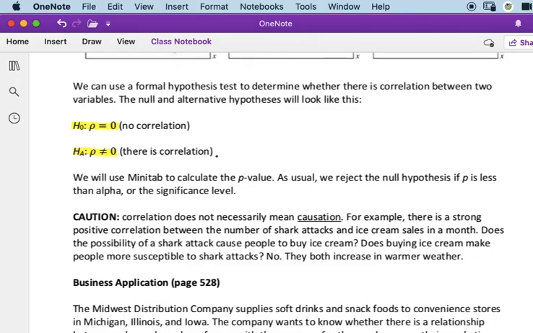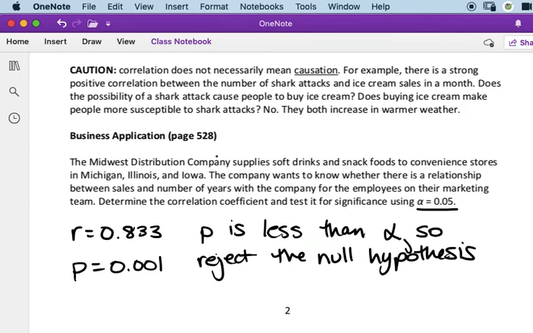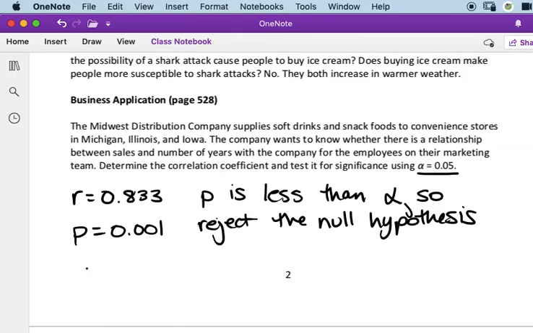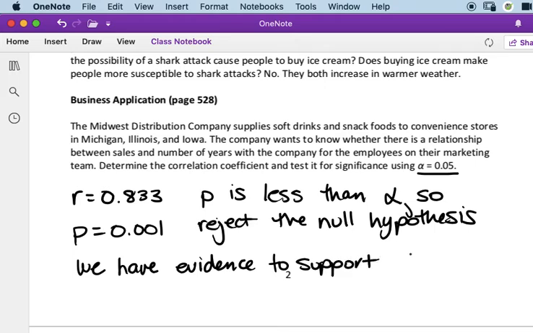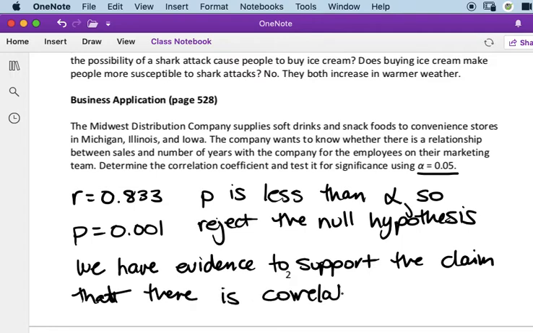So this means that we have evidence to support the fact that there is correlation between sales and number of years with the company.